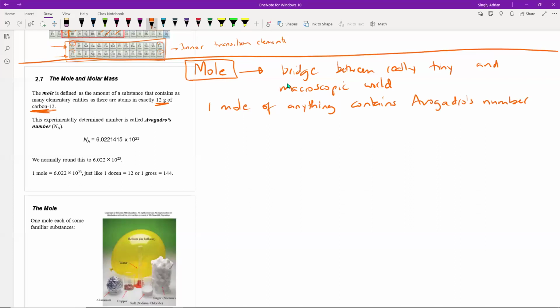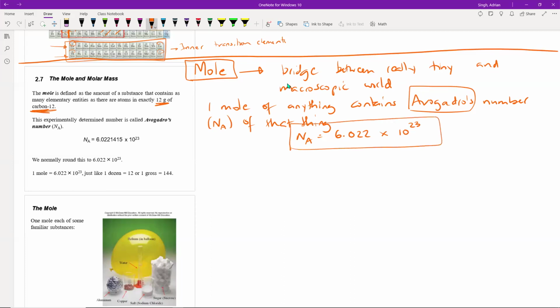Avogadro's number is abbreviated N, capital N, subscript uppercase A. And it's named after a scientist, Amedeo Avogadro. That number itself has a value, and we'll typically round it to 3 decimal places: 6.022 times 10 to the 23 of something. So again, you're looking at this number, positive exponent, pretty big number.